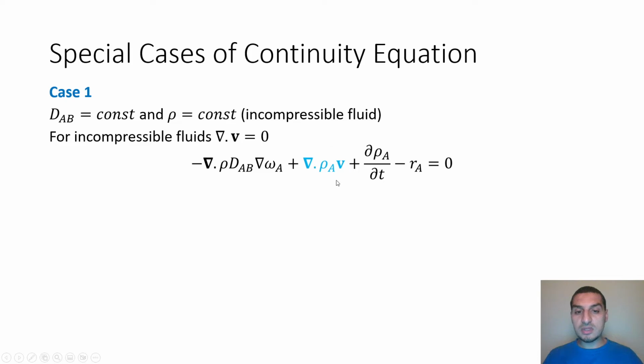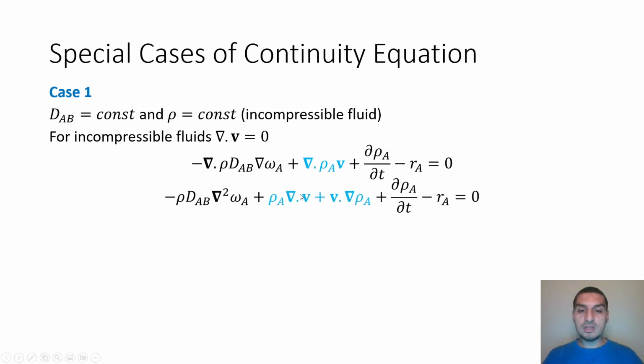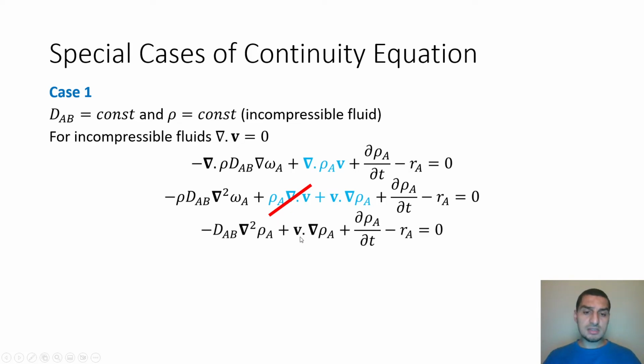So this term needs to be expanded, and we can expand it to rho del dot v plus v dot del rho A, and then we know that del dot v equals 0, and we here took the rho and D_AB out of the gradient, so it is now the second order gradient of the mass fraction omega. And this is how the equation will look like.